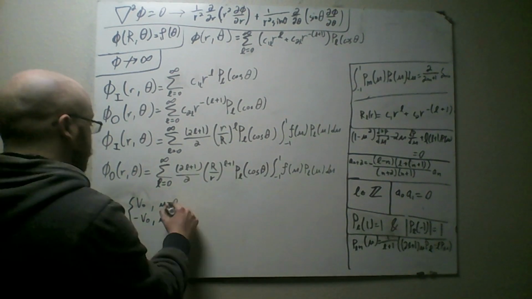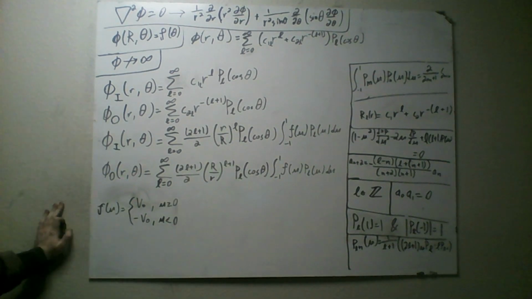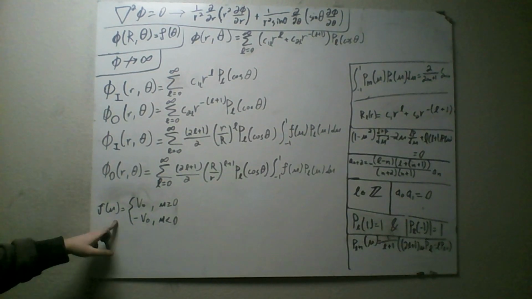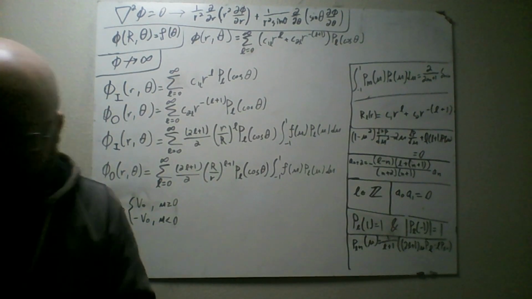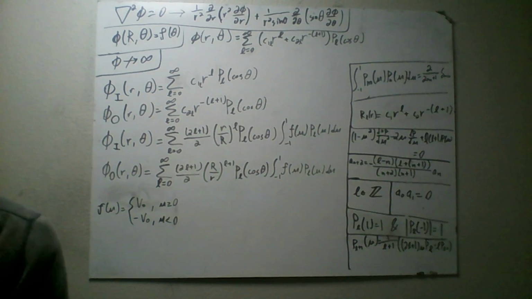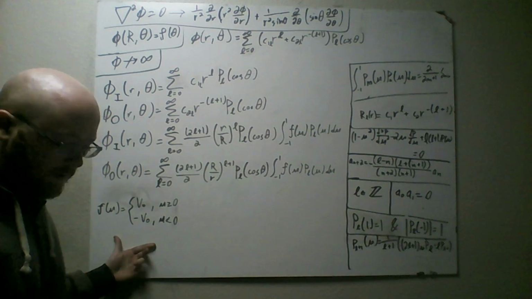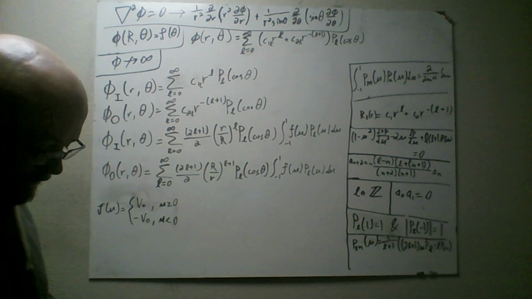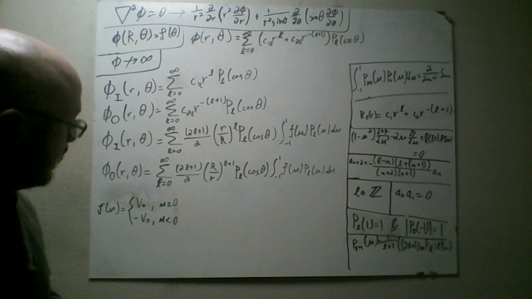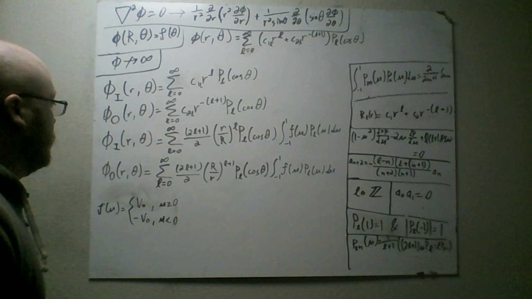I wonder how Legendre functions work with a square, because this is basically a square wave. And you just do this integral. So let's find the L equals 0 term, just for fun.